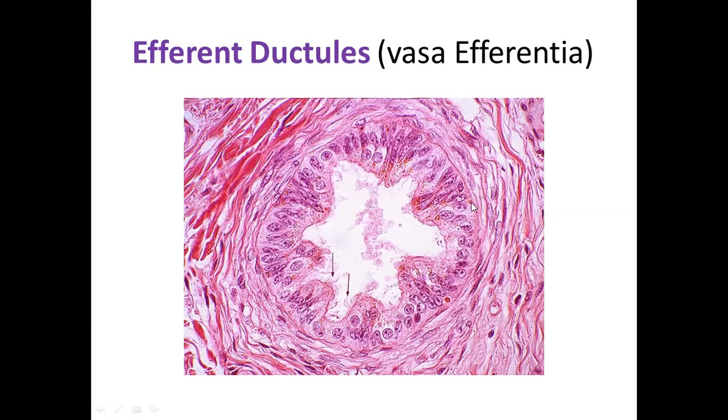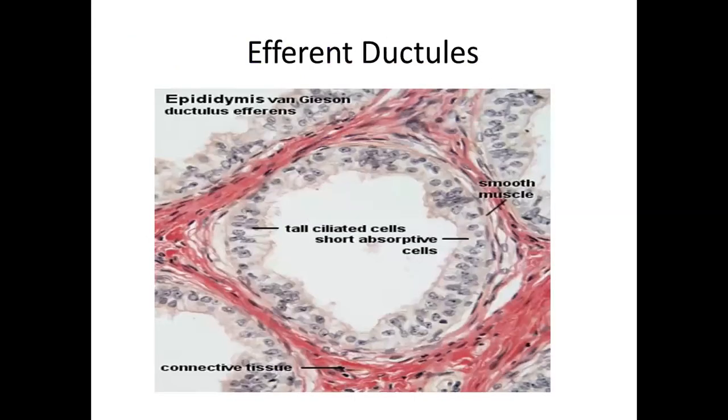Outside the basal membrane of these efferent ductules there is a stromal component in the form of connective tissue, fibroblasts and some smooth muscle. Again, a micrograph representing the cross section of the efferent ductules. The points are elaborated here.